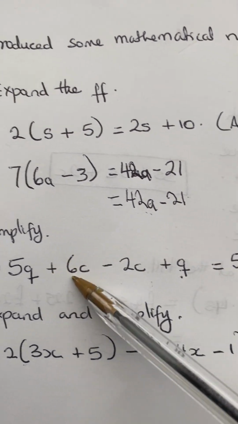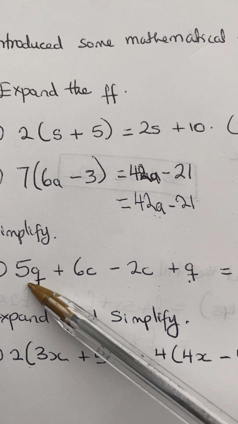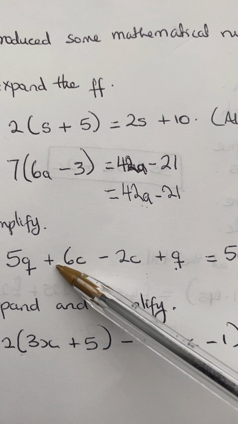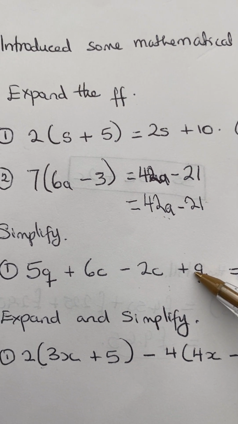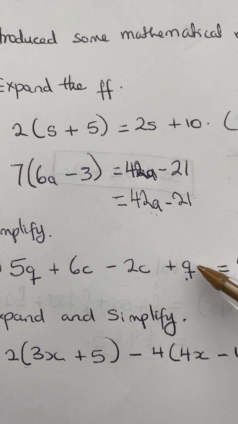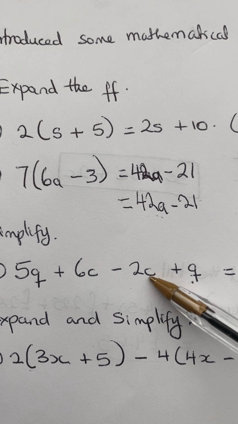So look at this equation. First, you look for the mathematical symbols. So you have add, subtract, and add. Then you scan for the like terms. So you have Q here, Q there, C there, C there.